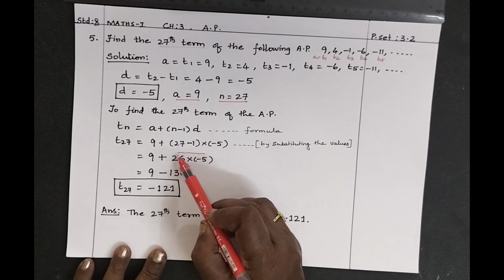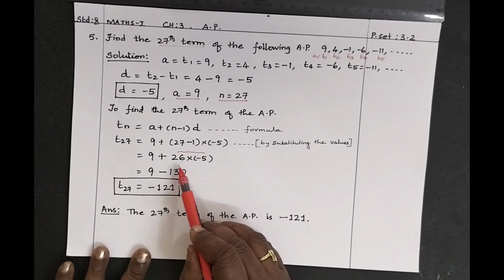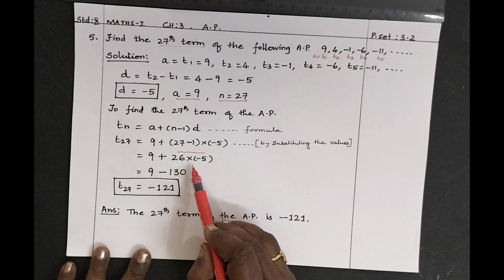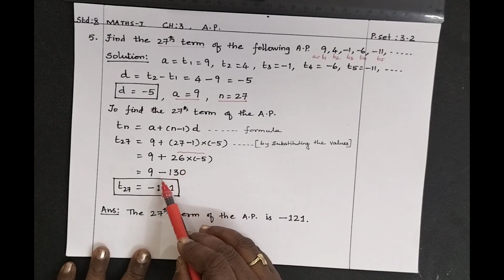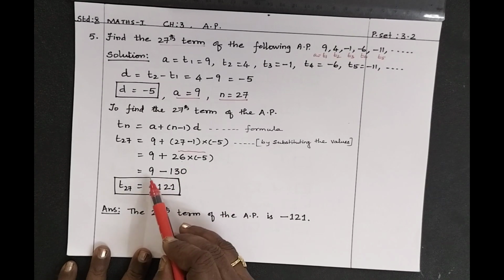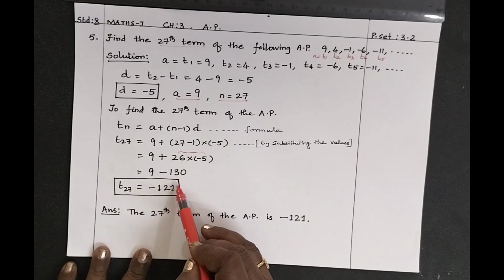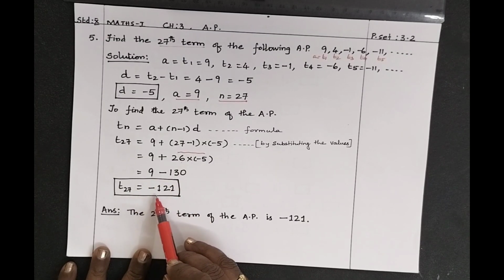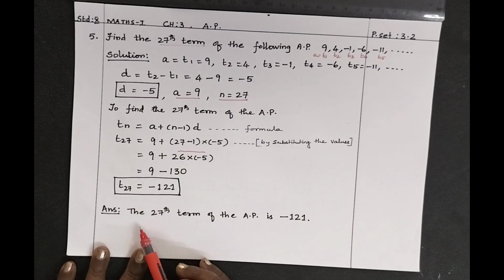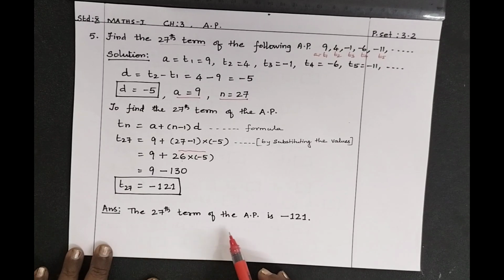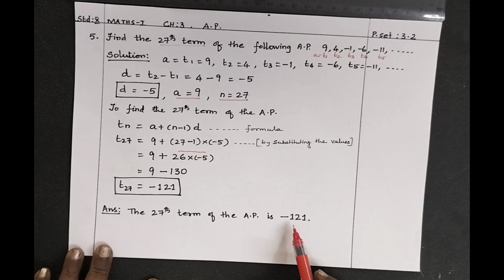We have to multiply this first. So this is plus 26 into minus 5, which is equal to what? Minus 130. So 9 minus 130 is equal to minus 121. Therefore, the 27th term of the AP is minus 121.